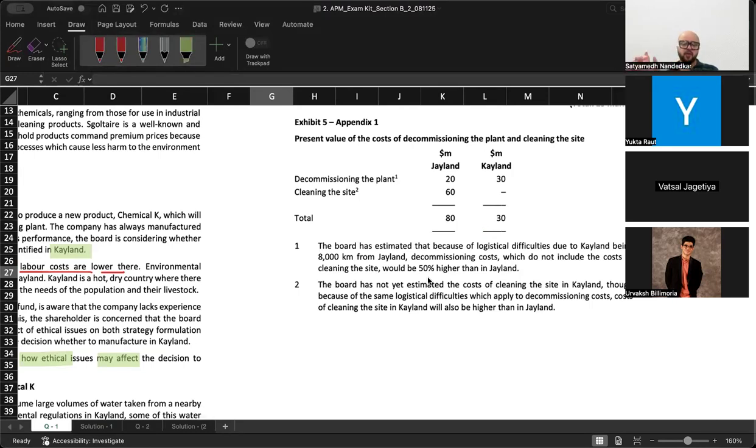So see, if you don't take into account the decommissioning cost and all of that, your NPVs are 240 and 200. Now, they have given you some additional information. ठीक है? What is that additional information? कि the board has estimated that in Kayland, the cost is going to be 50% higher than in Jayland. तो ये 90 हो जाएगा. 30 plus 90, this will become 120. Right?